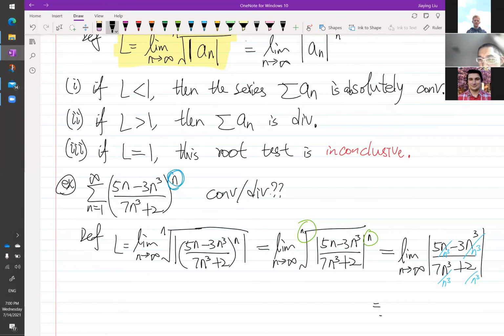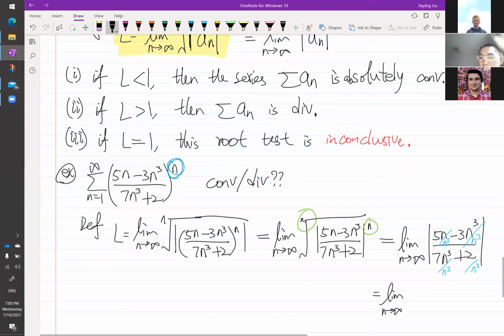That becomes the limit as n goes to infinity of the absolute value of (5 over n squared minus 3) divided by (7 plus 2 over n cubed).